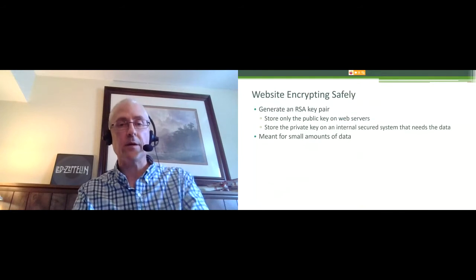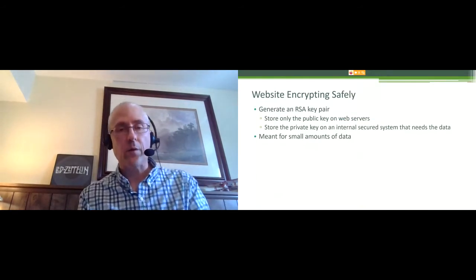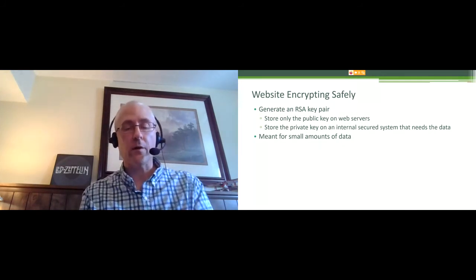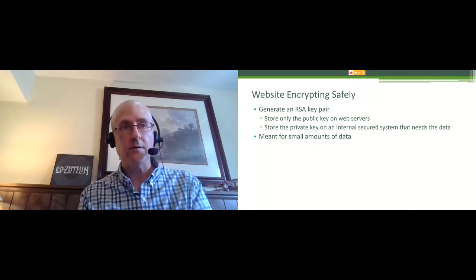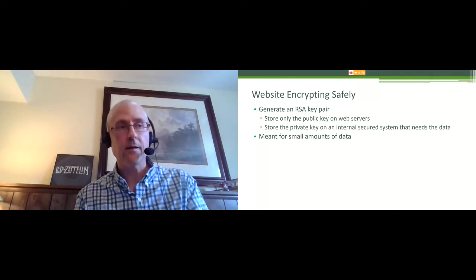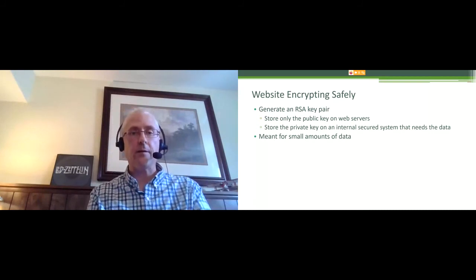So that's asymmetric. Where would I use asymmetric? I talked about my web server could get owned by somebody. If I took a credit card and I want to encrypt it, I don't really want to use symmetric and have to store a secret key. Because if I store a secret key like I did in my code for symmetric, right in my assembly, somebody who owned my web server could take my assembly, reverse engineer it, and have my secret key.